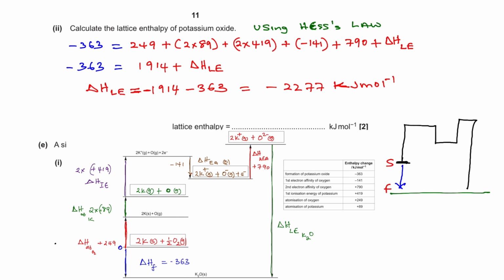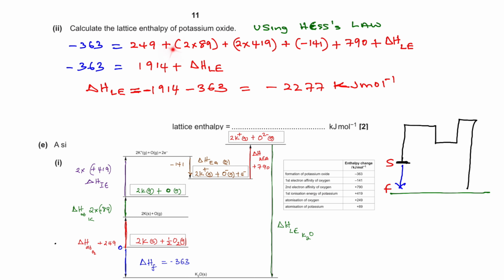And then we're adding that path as well, which is 790. And then we're adding this one as well. So that'll be delta HLE. All the ones that go like that, we have to add them, and that'll be equal to that one. So that's what we've done here.